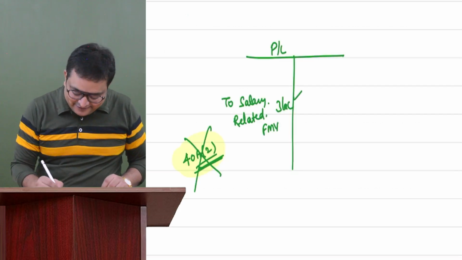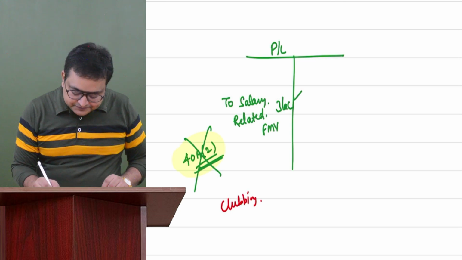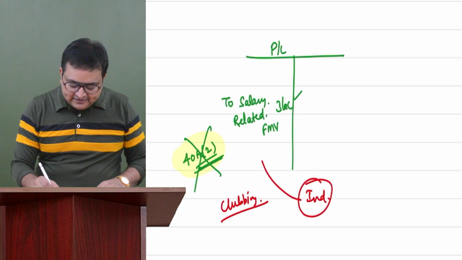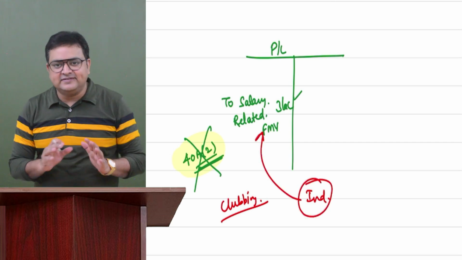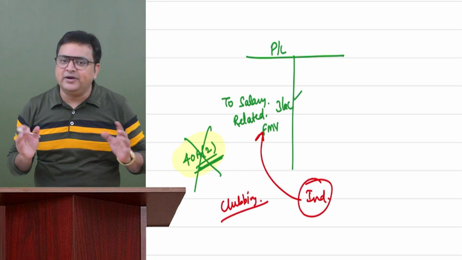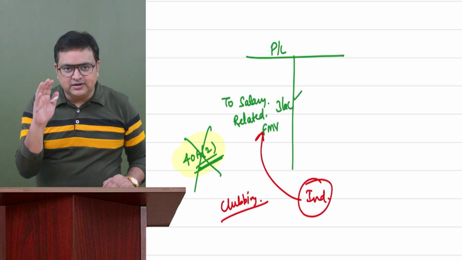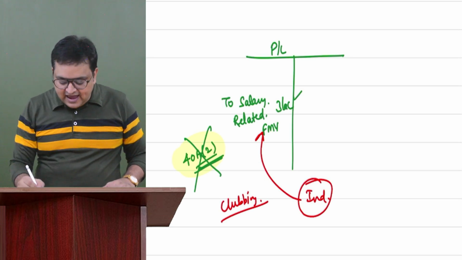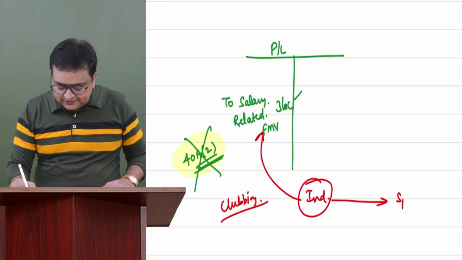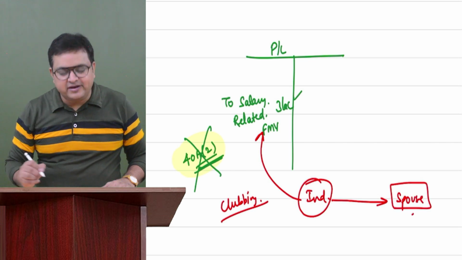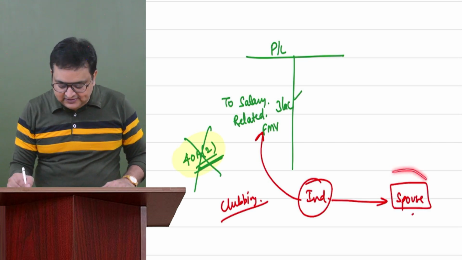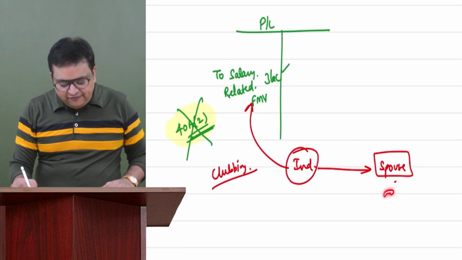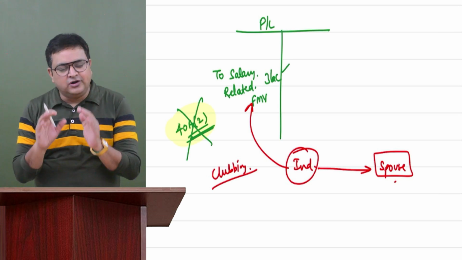So we have a chapter of clubbing also, where we know that if there is any individual who has a substantial interest in a business, which means 20% or more interest, and his or her spouse receives any remuneration from such concern, then if it is with adequate technical knowledge, qualification, skills, then it is okay.